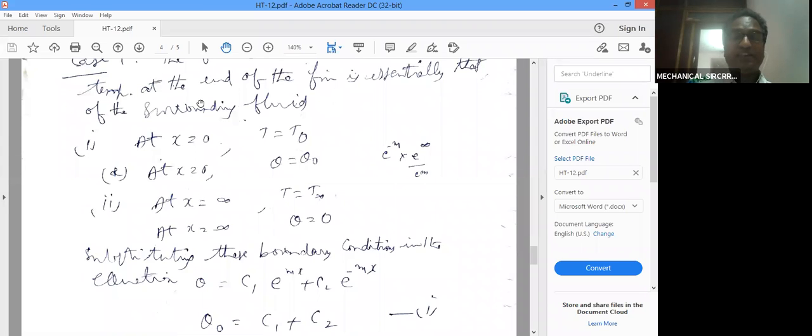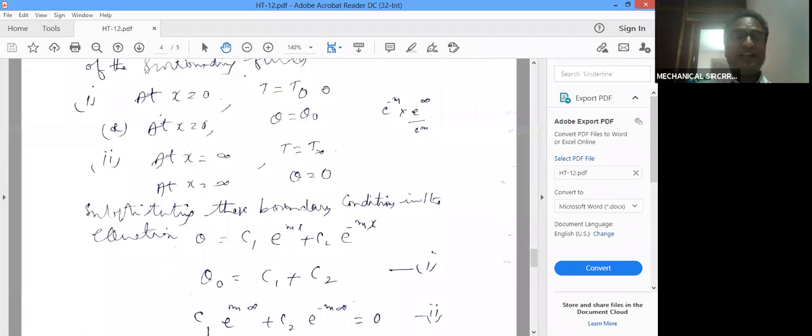So the first boundary condition: at x is equal to 0, T is equal to T naught, or theta is equal to theta naught. And the second boundary condition: at x is equal to infinity, for an infinitely long fin, T is equal to T free stream. The temperature of the fin becomes the temperature of the outside fluid.